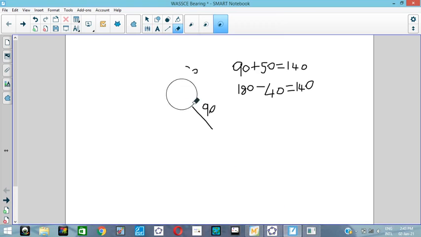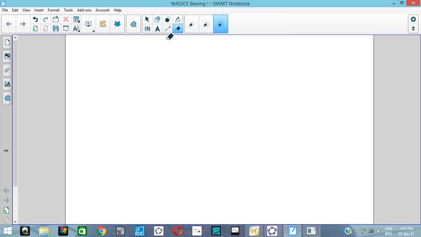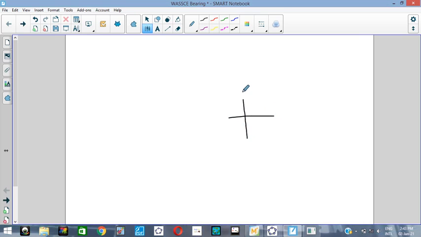Let me erase all this. It's your point y. So you come down, take your rough sketch. As we said, this is your north, and bearing must go round through the east. So this is 90 plus another 90, 180 plus another 90, 270. No, we are going to 342.